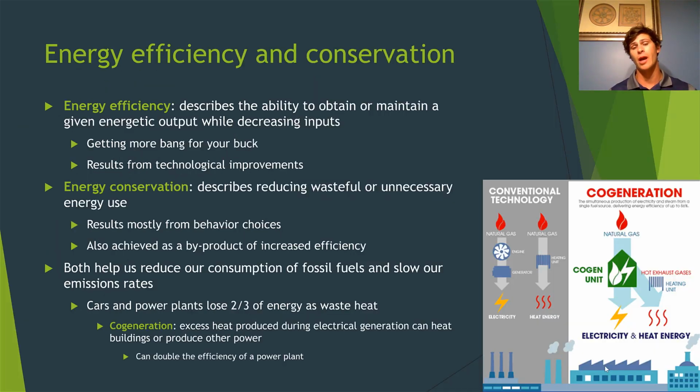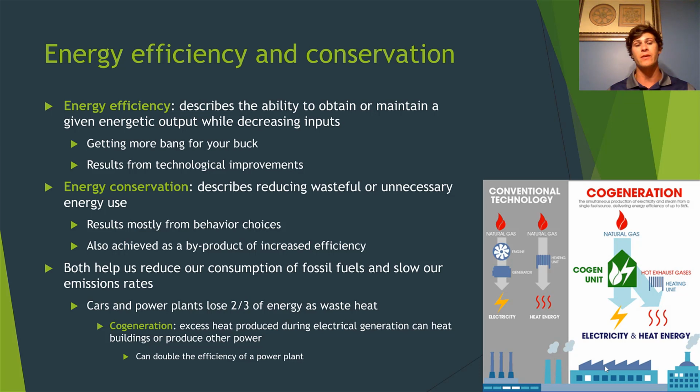In contrast with carbon capture and storage, two proven ways to reduce our CO2 emissions are increases in energy efficiency and increases in energy conservation. Basically, energy efficiency simply describes the ability to obtain or maintain a given energetic output while decreasing our inputs. This is getting more bang for your buck when you talk about output energy. If this were a car, for example, a car with a higher miles per gallon fuel rating would be more energetically efficient because it can travel farther than a car with a lower miles per gallon fuel rating.